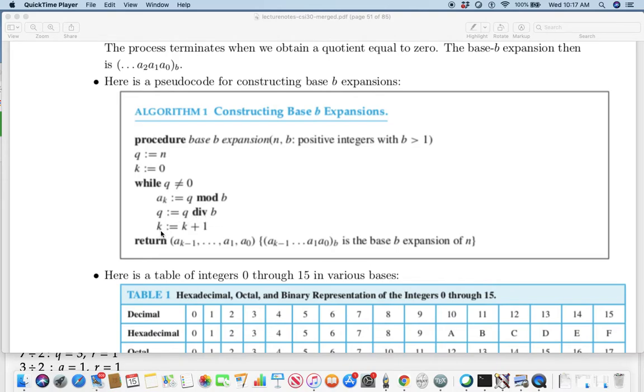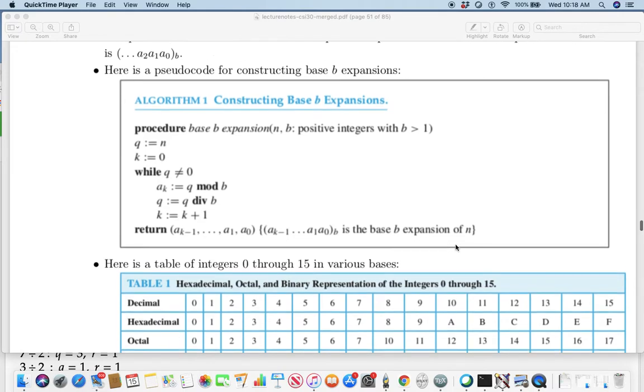And then you update your index k. You keep doing this until q becomes 0, when you stop. And then write down your remainders starting from the right-hand side, a_0, a_1, and so on, because this represents the base b expansion of n.